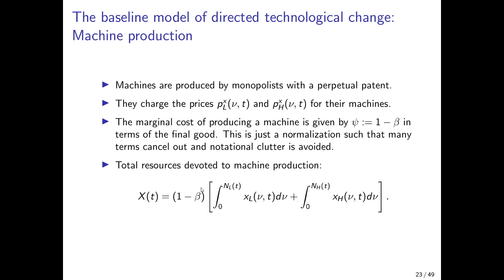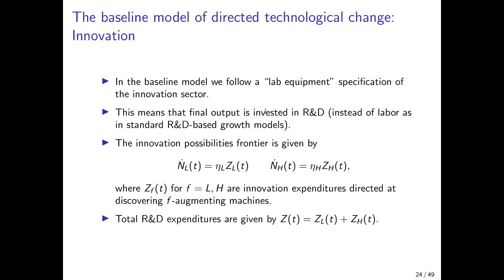Then we have all the machines, and we have the marginal cost of producing each machine in terms of resources or capital, if you will. And that leads to the overall amount of resources or capital that we have to invest into machine production, and that's equal to xt that we already know from the resource constraint. Now, the last sector that still needs to be described is the innovation sector.